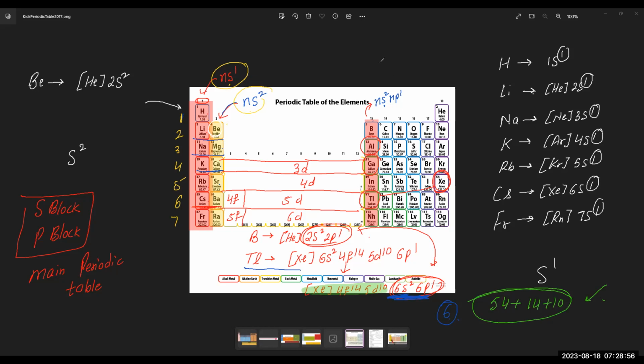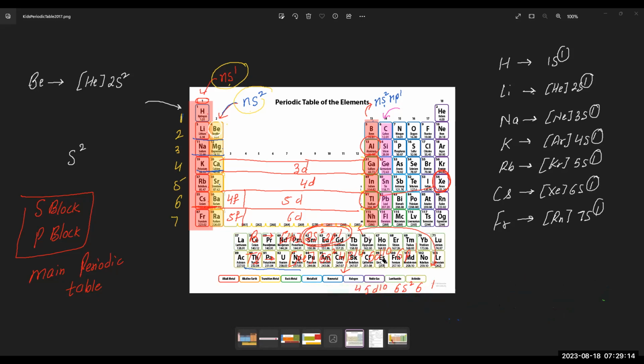So now without my help, can you work out the general configuration of the carbon family? Carbon family, children. General configuration. Okay, Anil.